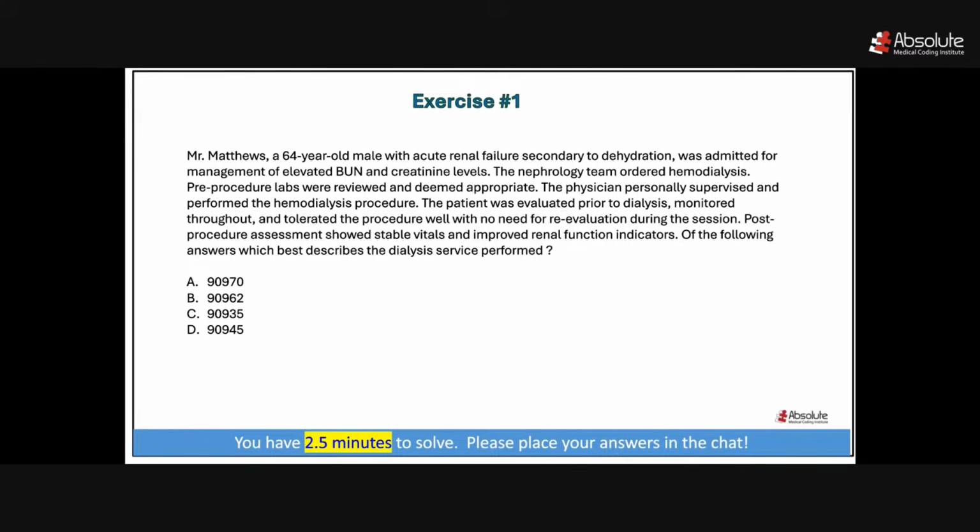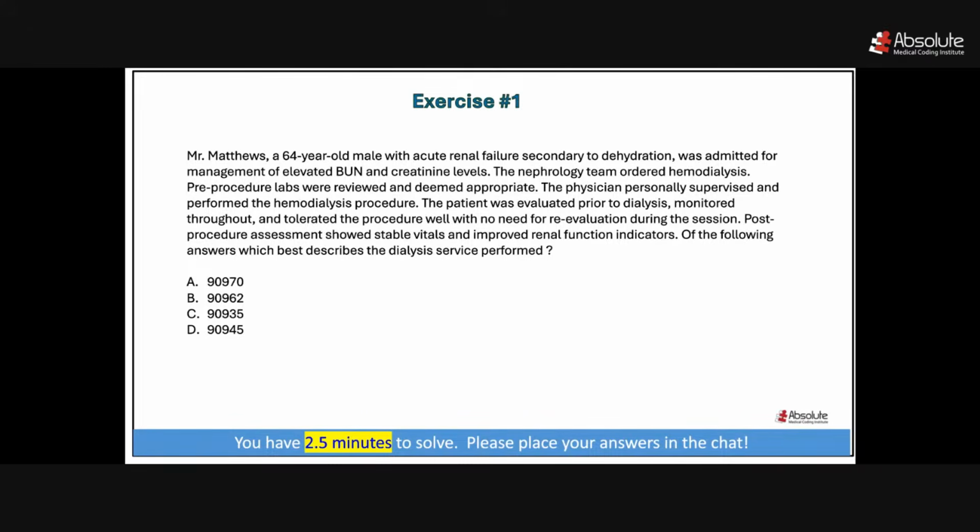Mr. Matthews, a 64-year-old male with acute renal failure secondary to dehydration, was admitted for the management of elevated BUN and creatinine levels. The nephrology team ordered the hemodialysis. Pre-procedure labs were reviewed and deemed appropriate.